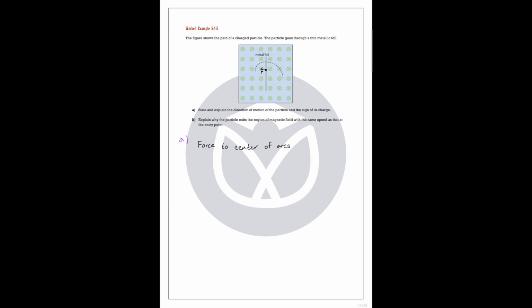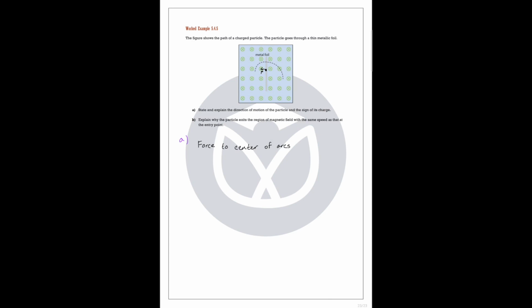And by using Fleming's left-hand rule, by having the thumb point towards the left side of the page, our middle finger, which illustrates the magnetic flux, pointing into the page, you can then see that current is upwards or towards the top of the page. If we then follow the path that is shown in the diagram, by keeping our thumb always pointed towards the center of the arcs, we see that our hand will be rotating counterclockwise.